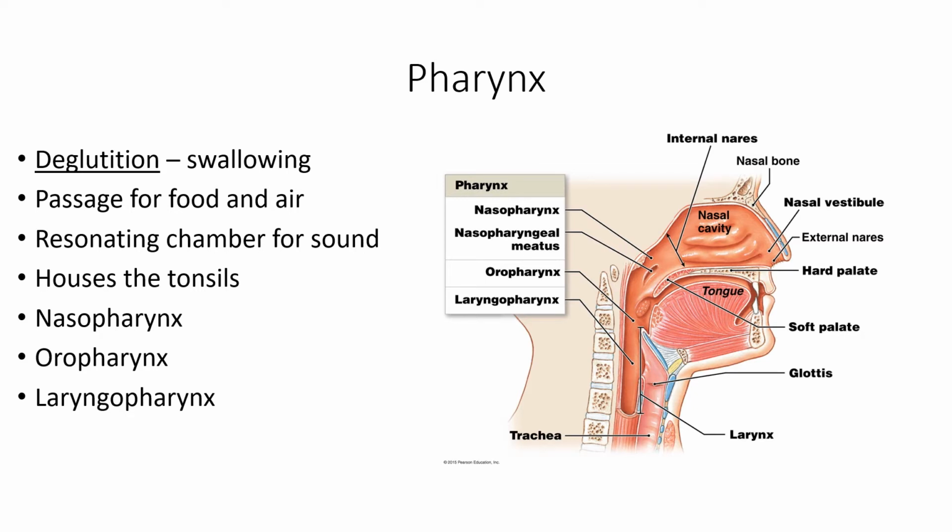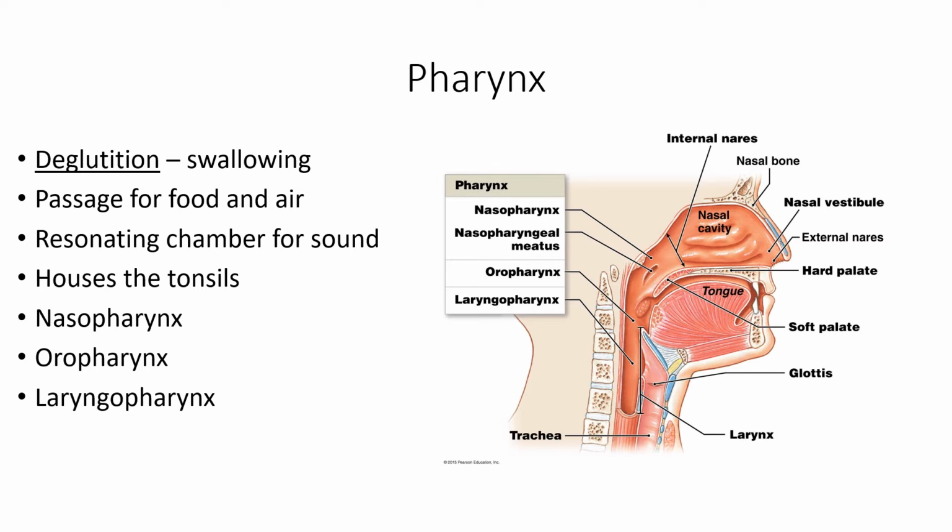The pharynx is where we're going to have a passage of food and air, which arguably, if we look at how humans are constructed, is a very dangerous way to basically have two things that we absolutely must do occurring in the same place. So food is going to go through the pharynx as well as air, which increases the odds of choking exponentially.